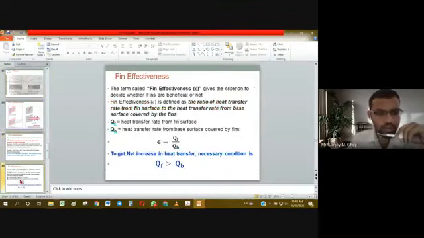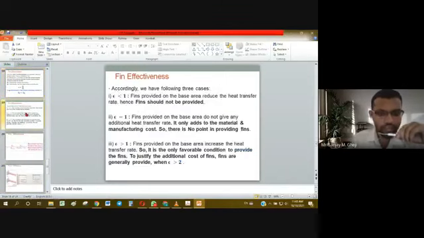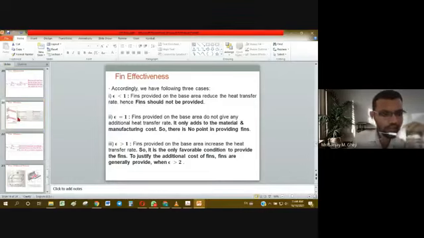So obviously, the fin effectiveness should always be greater than 1, whereas fin efficiency is the comparison of actual heat transfer rate to the maximum possible heat transfer rate under ideal conditions. So fin efficiency will always be less than 1, and fin effectiveness should always be greater than 1. So these are the important necessary conditions for the fins.